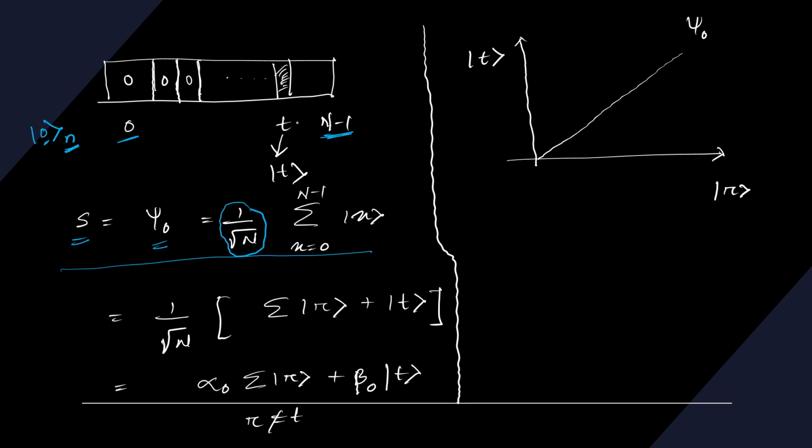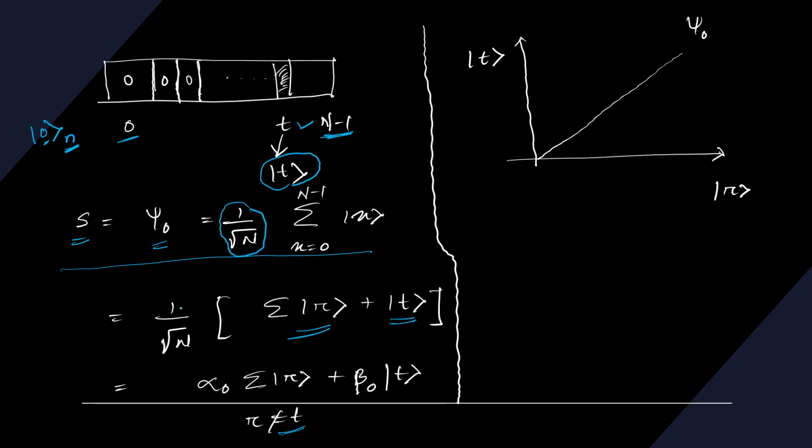Suppose I have a target state t to find, and that is represented as ket t. So I can represent this as 1 by root n summation of the target state and all other remaining states. It can also be represented as alpha naught summation of remaining states plus beta naught times the target state, where the remaining states are not equal to the target state.